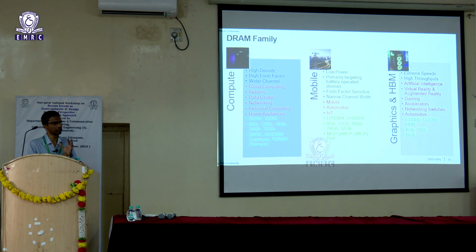You need to ensure that the power dissipated by the DRAM is kept on the lower side. We targeted it for mobile and automotive applications, and HBM and graphics on the other side is targeted for artificial intelligence, generative artificial intelligence, virtual reality, augmented reality, gaming. So that's the sector that it caters to, and the IO requirements here are much more.